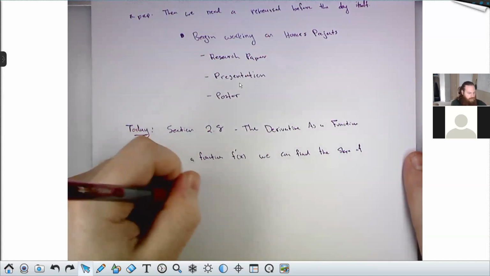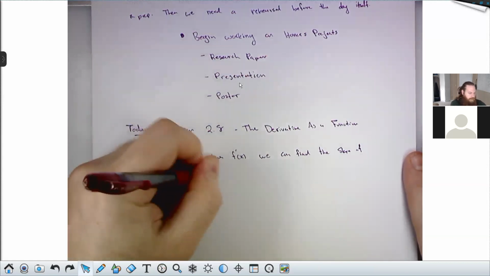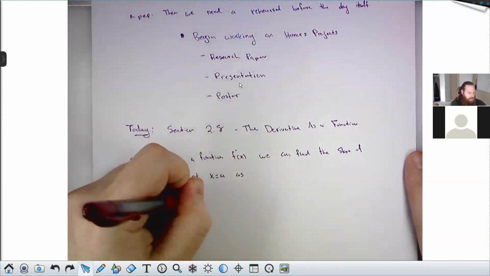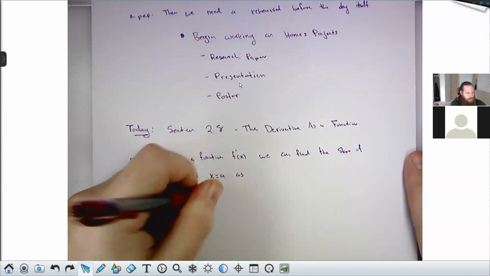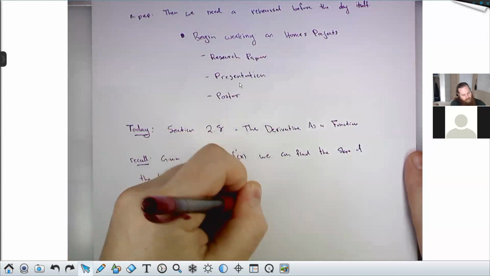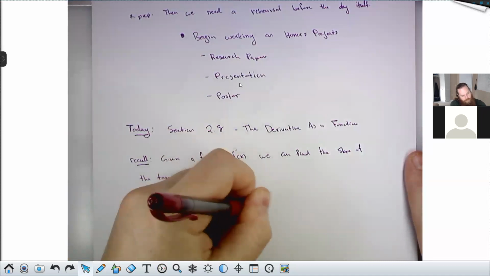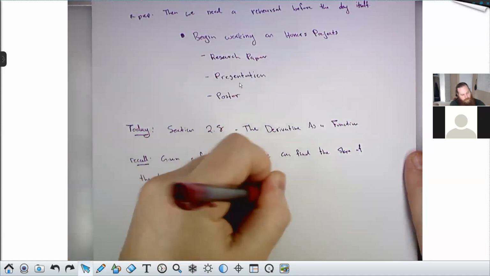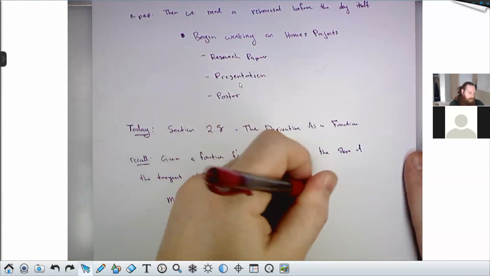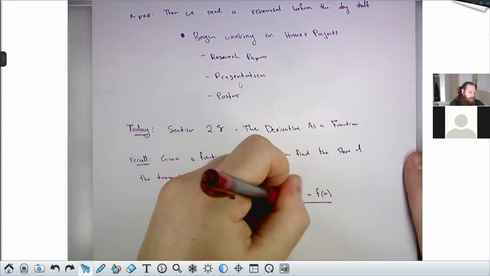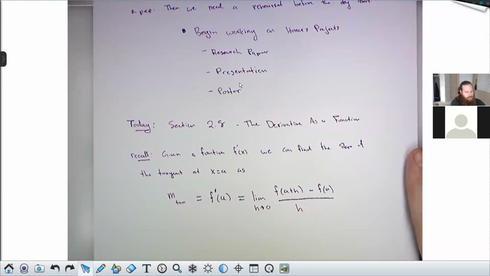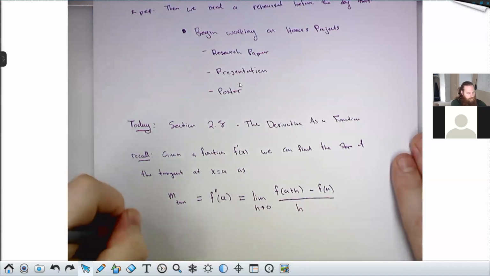The slope of the tangent at x equals a is m tan, which we call f prime of a, and that was the limit as h goes to 0 of f of a plus h minus f of a, all over h.